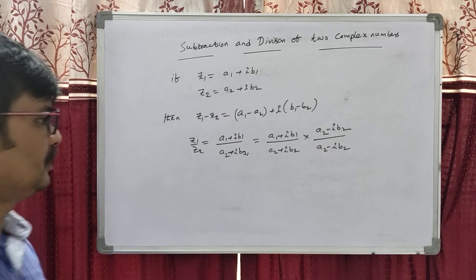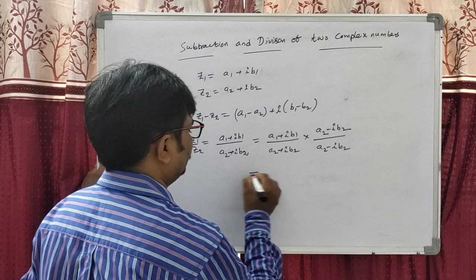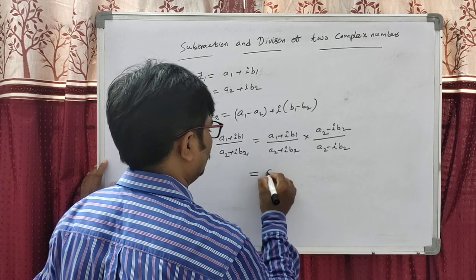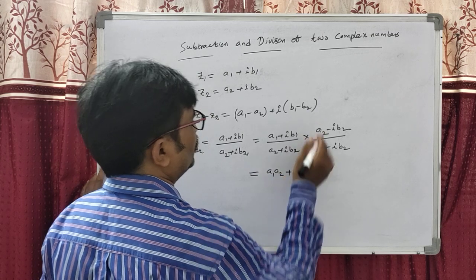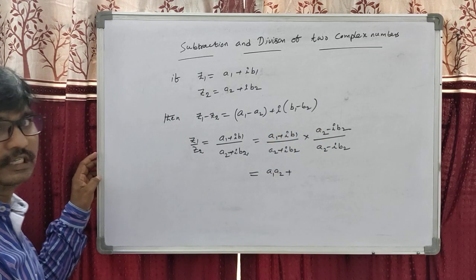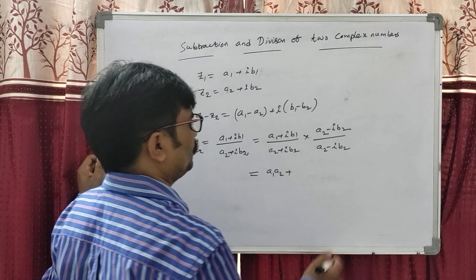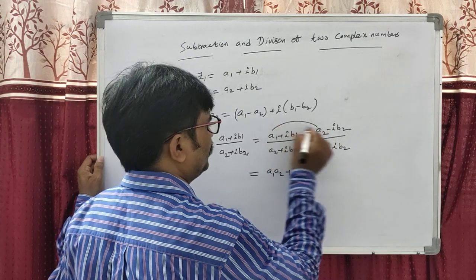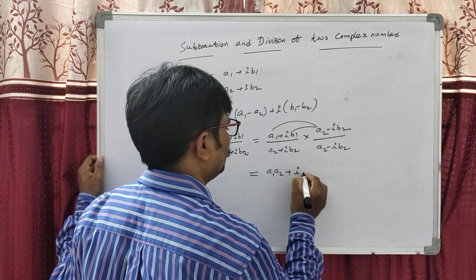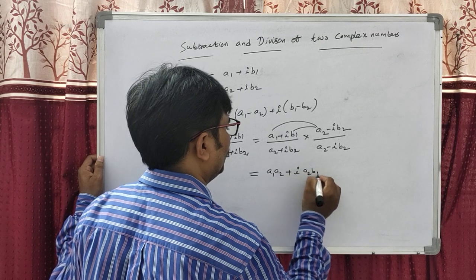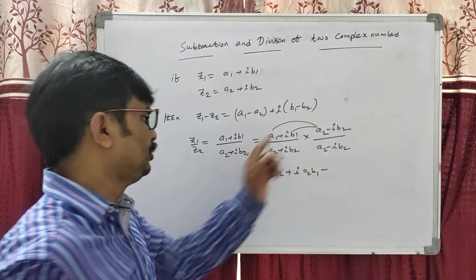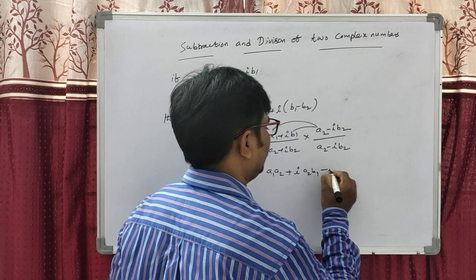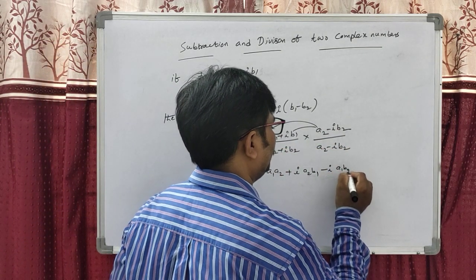Now how can you write this, students? First we multiply with a2, that is a1 a2, then i into a2 b1. After that we multiply with i b2, that is minus i a1 b2.